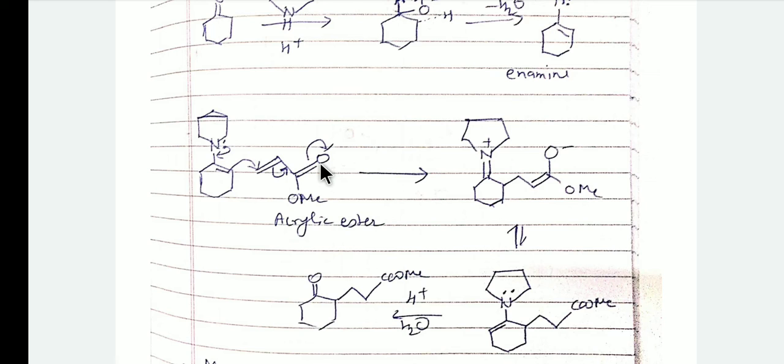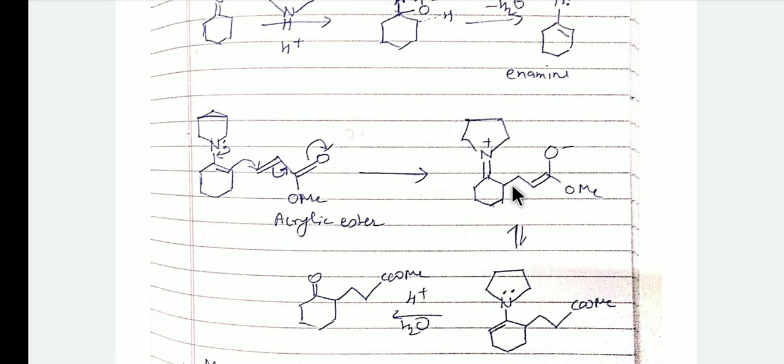So O becomes negatively charged, this bond shifts to this carbon atom, and this carbon atom becomes positively charged. Here this is negative and this is positive, and they form a covalent bond. So another molecule of this type is prepared here.